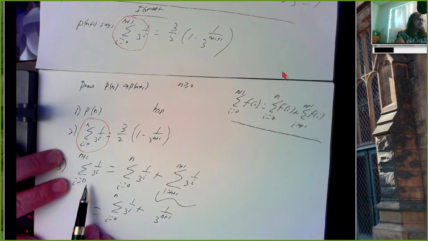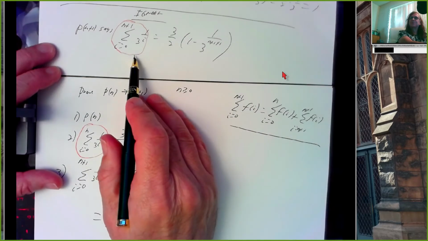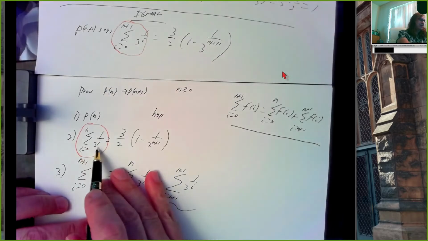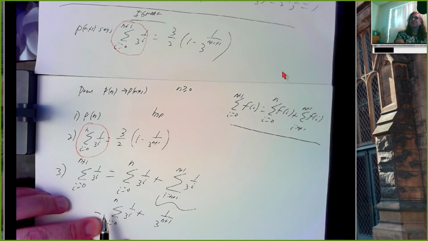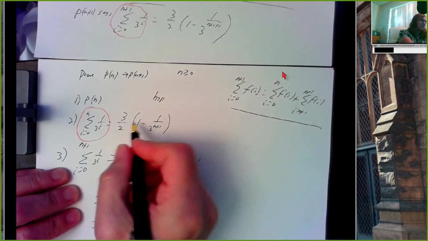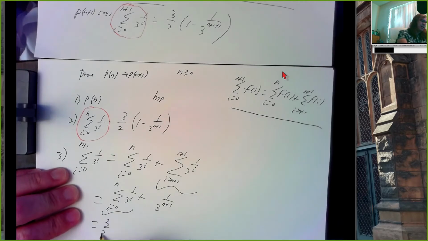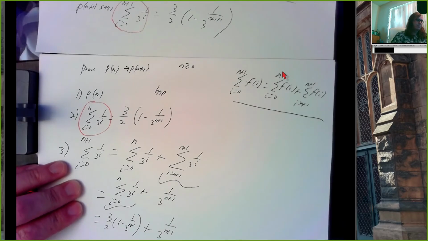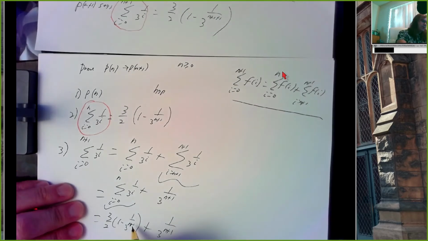Well, now I've got the left-hand side that I'm trying to prove is equal to something, and I've got something right here which looks just like what I wrote in step 2. And so I can take this part, and I can use step 2 and say, hey, this is 3 halves times 1 minus 1 over 3 to the n plus 1. And then this is 1 over 3 to the n plus 1. This is n plus 1.